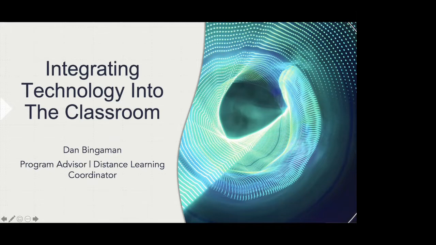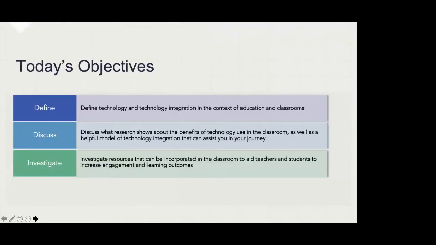So this is integrating technology in the classroom. Let's get into it. So today's objectives, first we're going to define technology and technology integration in the context of education and your classrooms. We will discuss what research shows about the benefits of technology use in the classroom, as well as I'm going to show you a helpful model, I think, when you're working towards integrating technology in your classroom that can really help you.